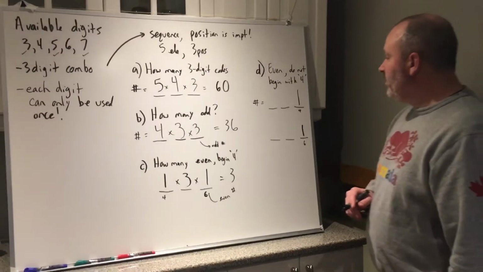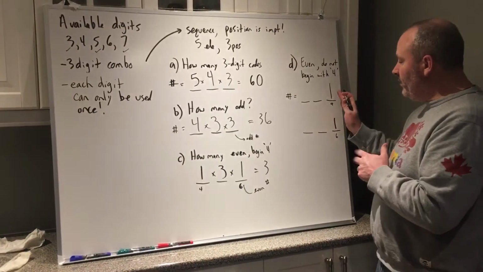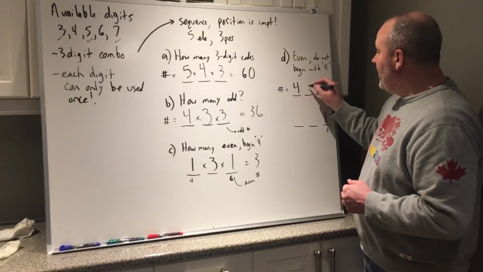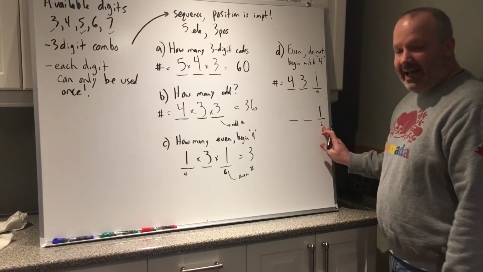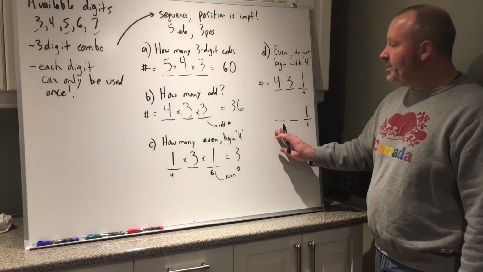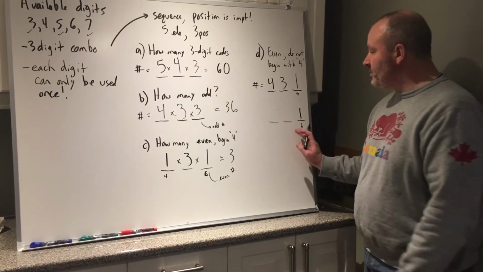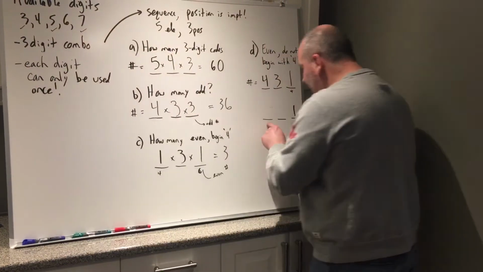Now it has to begin with not a 4. If I put the 4 here, then there's going to be 4 other numbers that I can use, and then 3. For here, if it ends with a 6 to be even, I don't have 4 numbers for this spot. If I had 4 numbers, I would be able to use 3, 4, 5, 7, but the 4 can't go here.